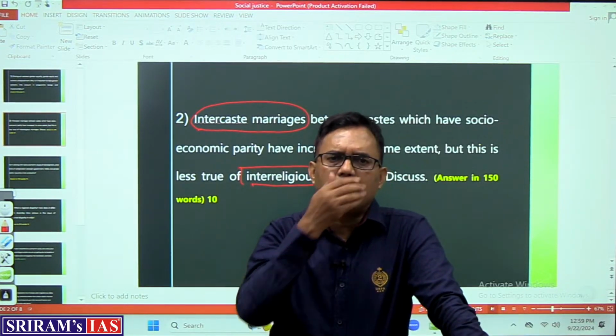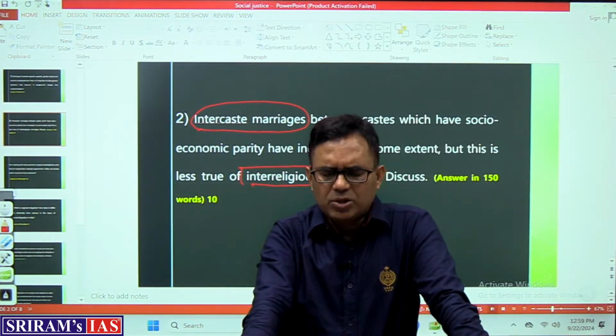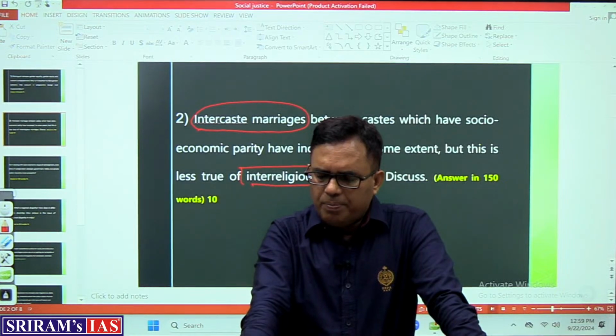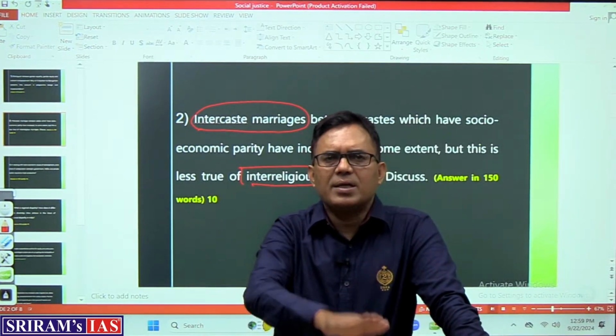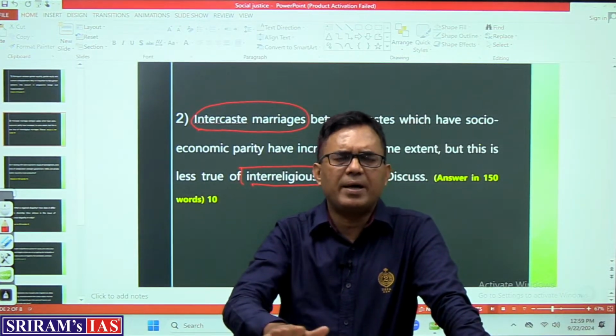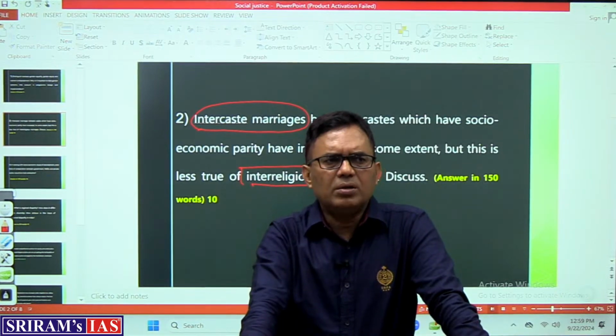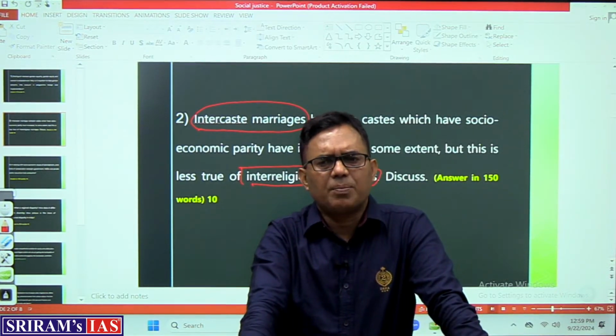Under the Hindu Marriage Act, we have the provision that people of some religions like Hindus, Buddhists, Jains, Sikhs, for whom the act is applicable.